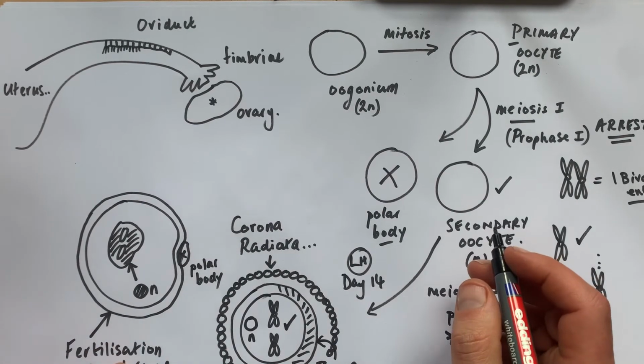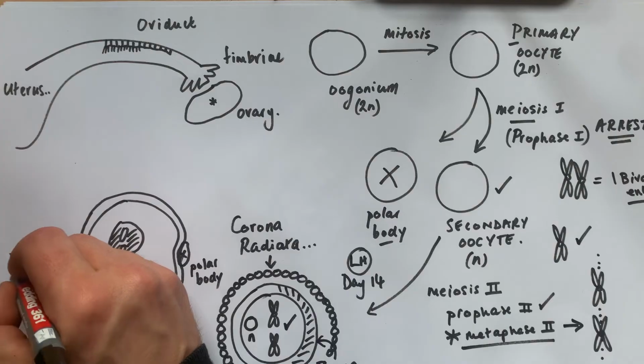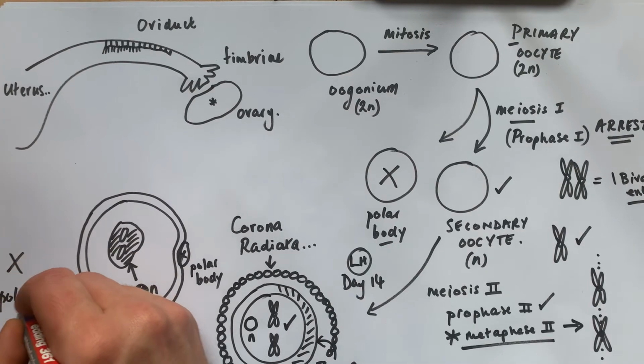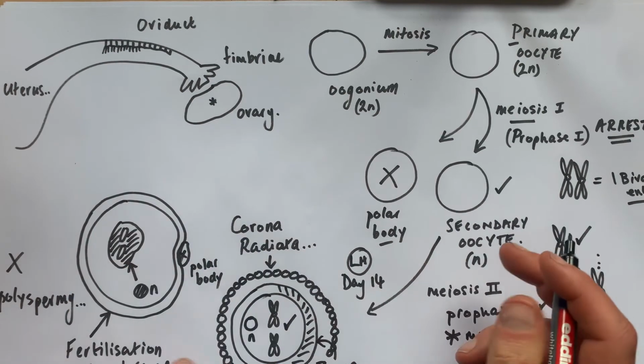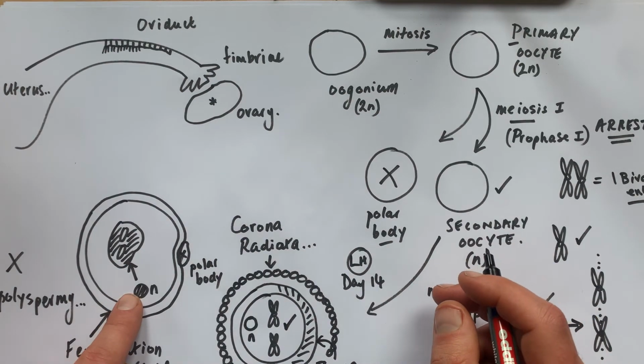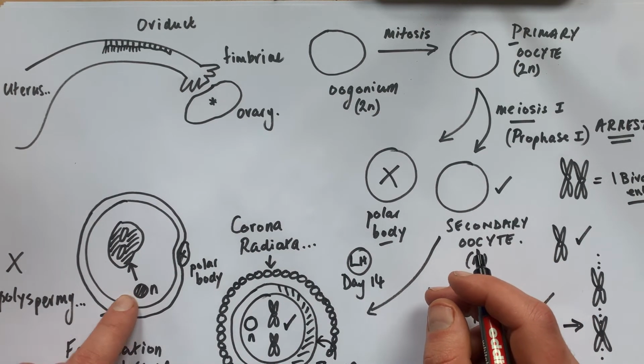Now that's important, the fertilization membrane, because that prevents a process called polyspermy. It prevents other sperm cells injecting their nucleus into the fertilized egg.